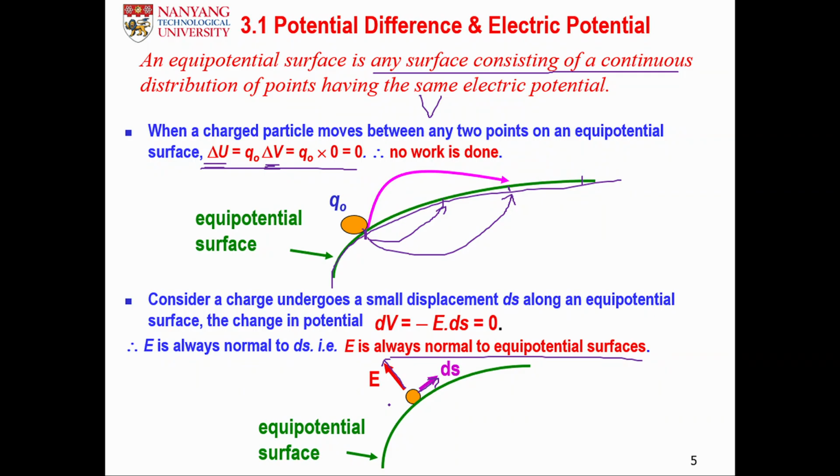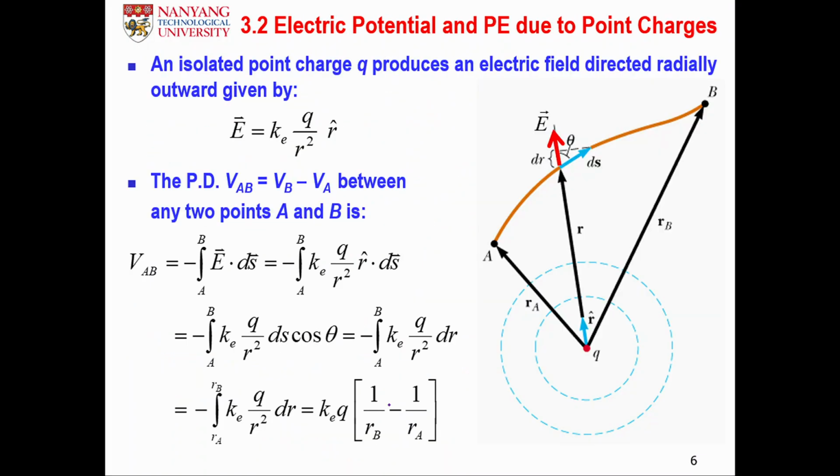Now we have established this new concept and also some general formulas. Next, we are going to determine the electric potential and potential energy for a single point charge, just like what we did for the electric field E. First, we introduce the concept and give the general formula.